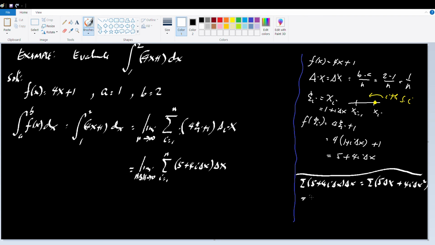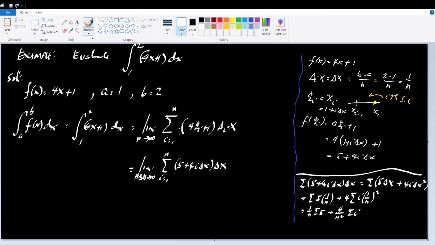But our delta x is what? Our delta x is 1 over n. So plus 4 sum of i times 1 over n squared. Okay? Sum of 5 delta x plus sum of 4i delta x squared. So this is equivalent to what? 1 over n times the sum of 5 plus 4 over n squared sum of i.